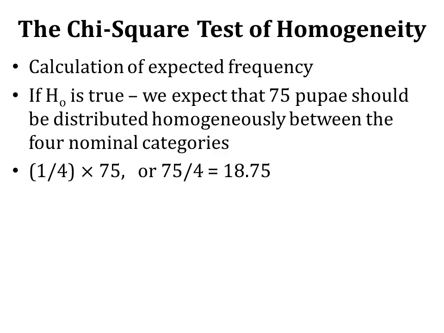We have 4 classes, so 1 by 4 into 75, the total number of observations. 75 divided by 4 is 18.75. So 18.75 pupae should be present in every category.